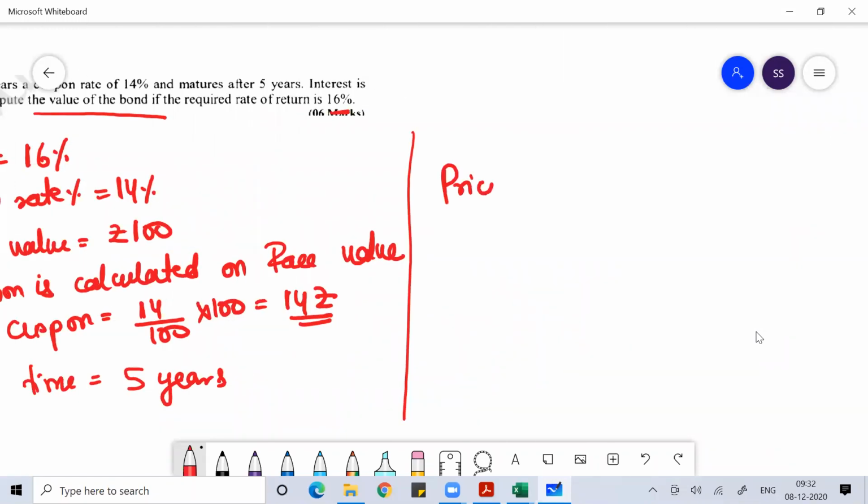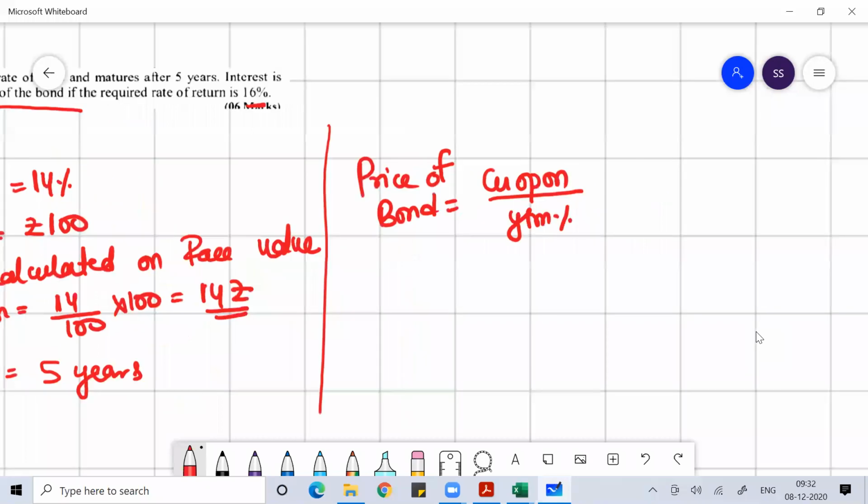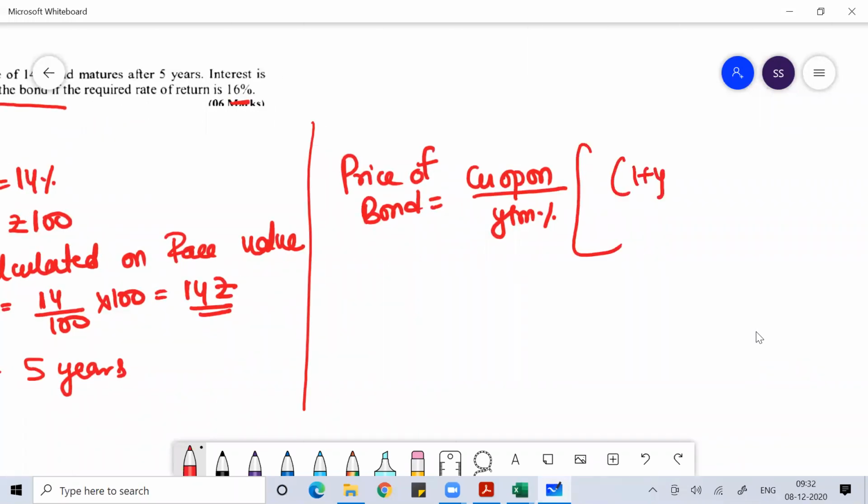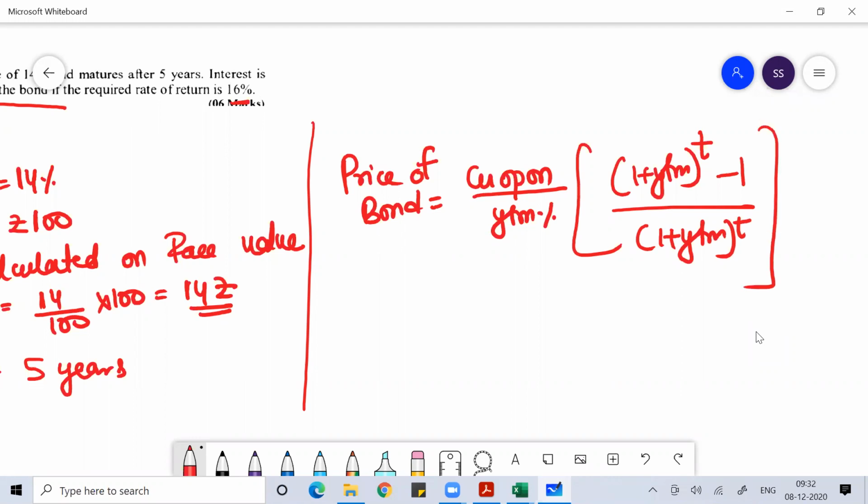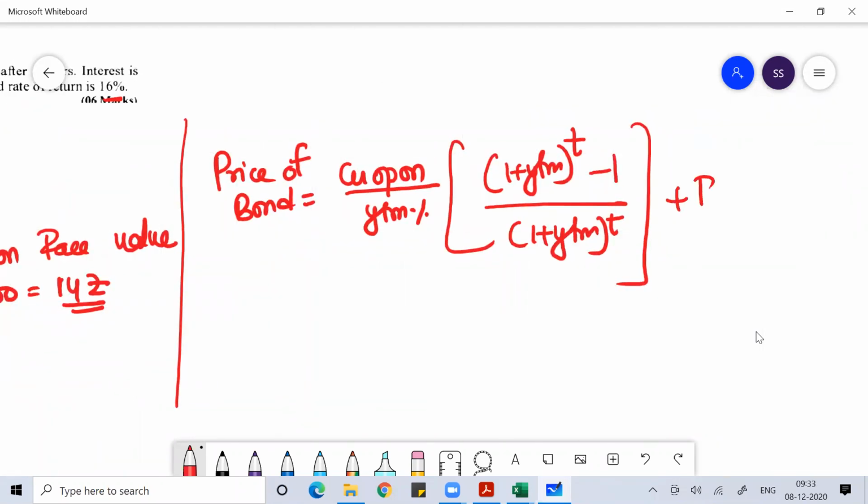To find the price of the bond, you can use the direct formula which I already told you: coupon divided by YTM into (1 plus YTM to the power T minus 1) divided by (1 plus YTM to the power T), plus face value divided by (1 plus YTM) to the power T. With this formula you will get your answer very easily.